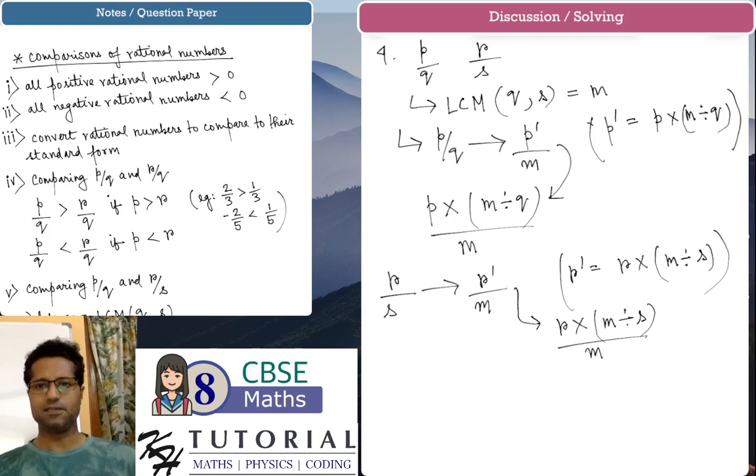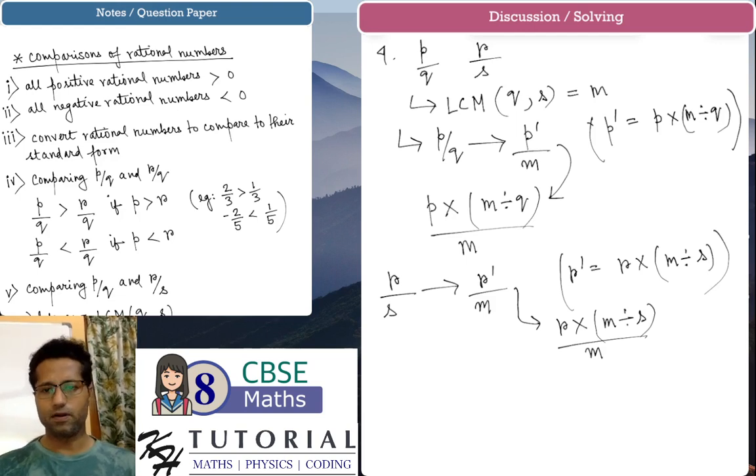I explained it algebraically. Now if you take a real example, okay, so you got p dash. You have converted p by q to its equivalent form p dash by m, and you have converted the rational number r by s to its equivalent form r dash by m, and what is m? M is the LCM of q and s.